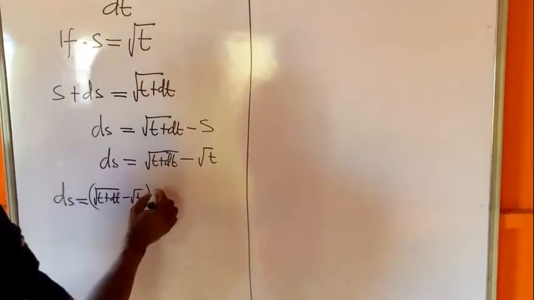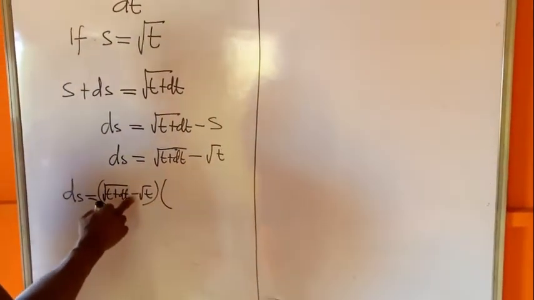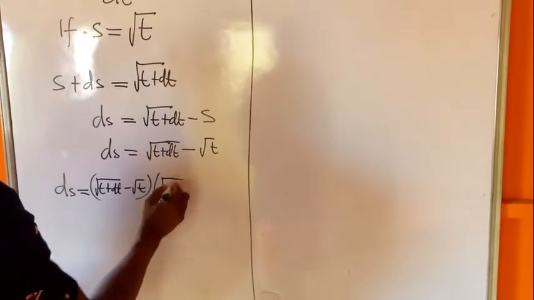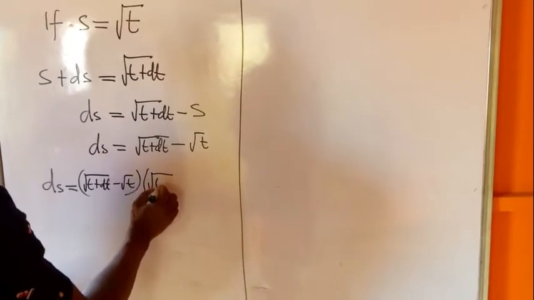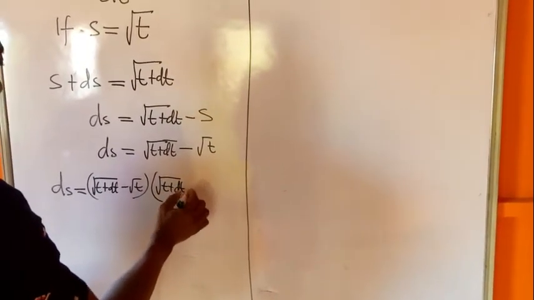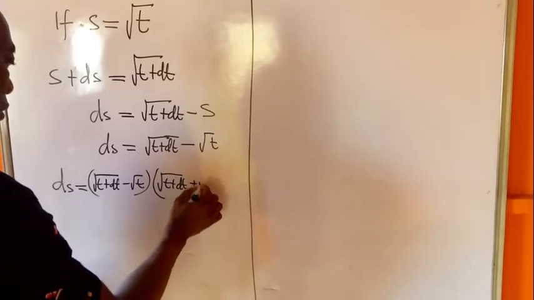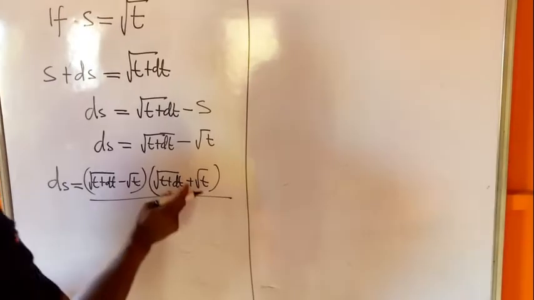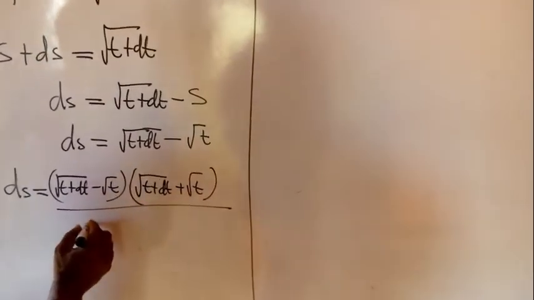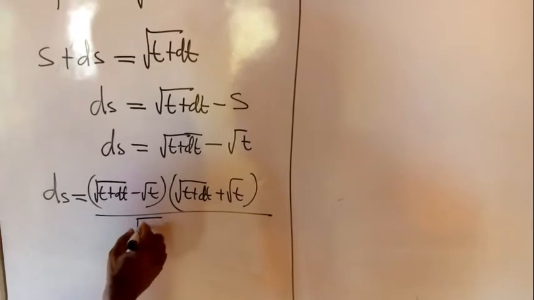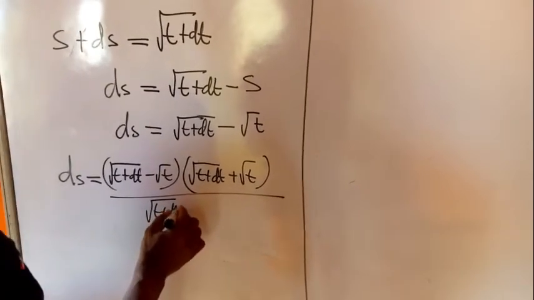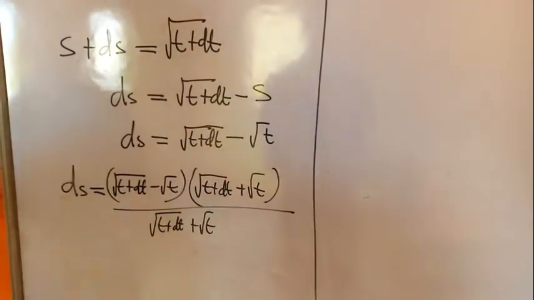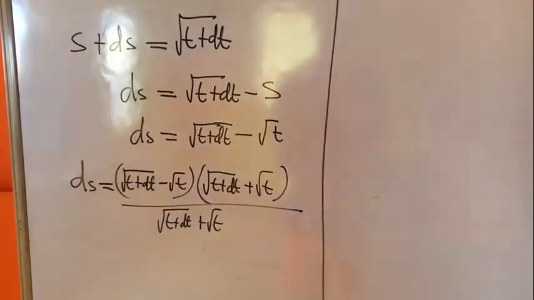It's going to multiply the conjugate of this, so this side becomes plus. So you now have root t plus dt plus root t all over this conjugate, which is what? Root t plus dt plus root t. So you see the way you have evaluated that.